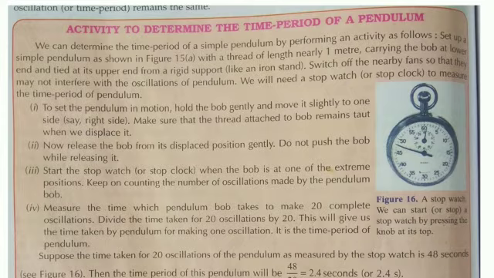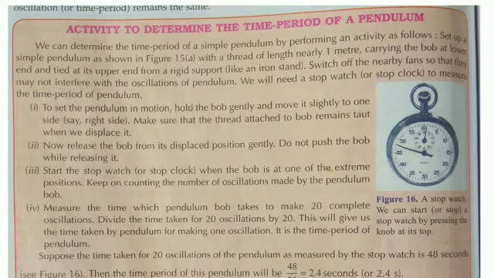Switch off the nearby fan so that it may not interfere with the oscillations of the pendulum. We will need a stopwatch to measure the time period. To set the pendulum in motion, hold the bob gently and move it slightly to one side, means right side or left side, the extreme position.